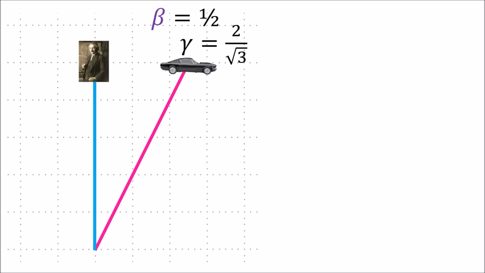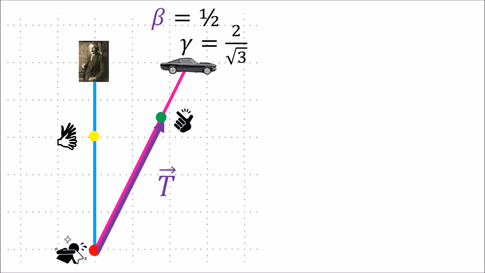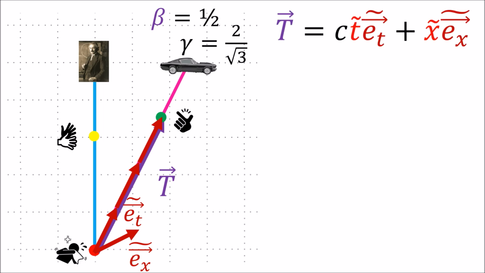Now, another interesting question to ask is, instead of looking at the time between Einstein sneezing and clapping, let's take a look at the time between the sneeze and the driver of the car snapping their fingers. We'll denote the separation between the sneeze and the snap using the separation vector T. T is equal to exactly 3 time units in the car's reference frame, 3 et tilde plus 0 ex tilde.